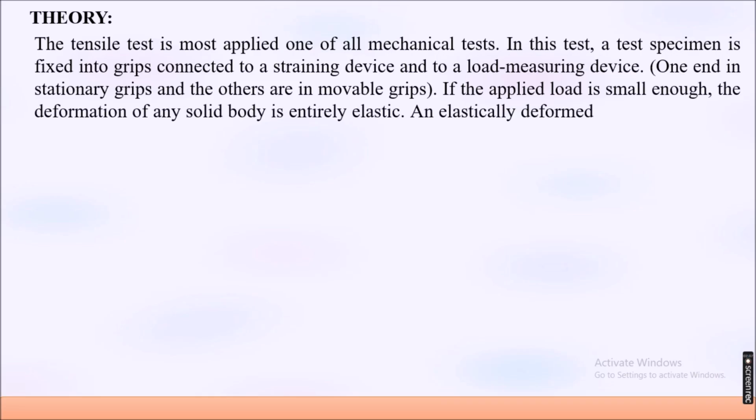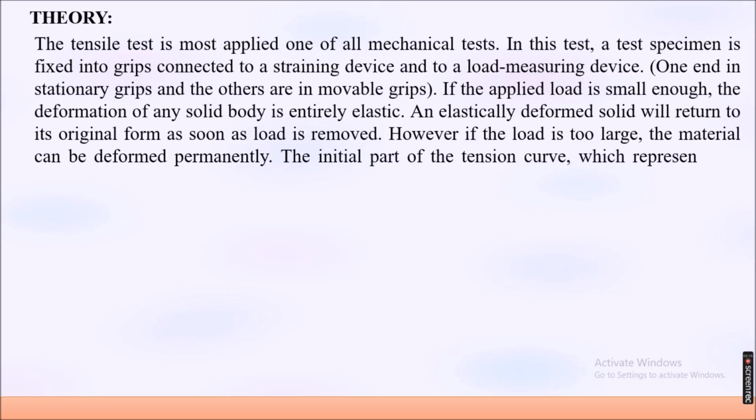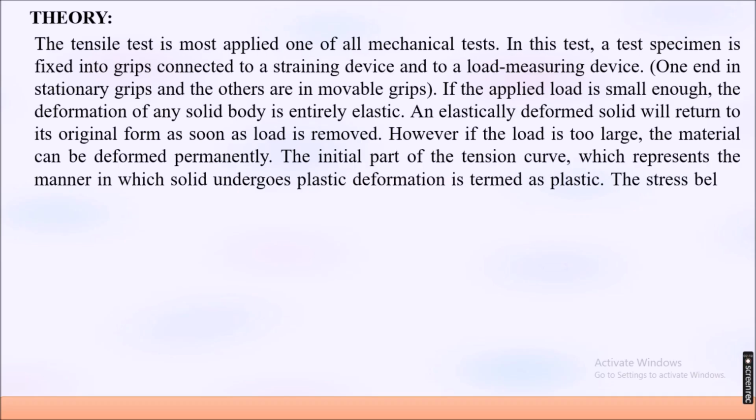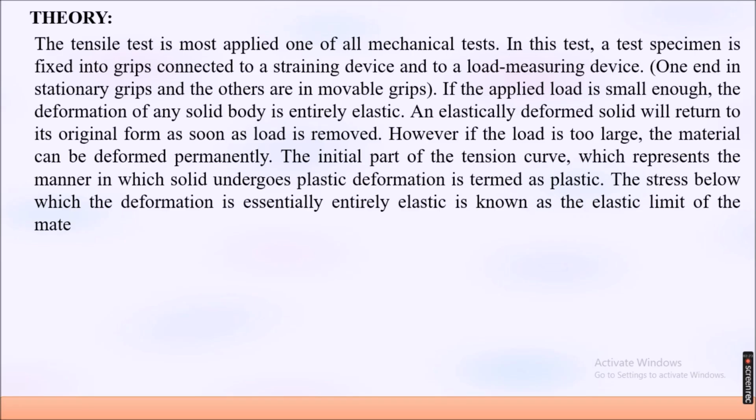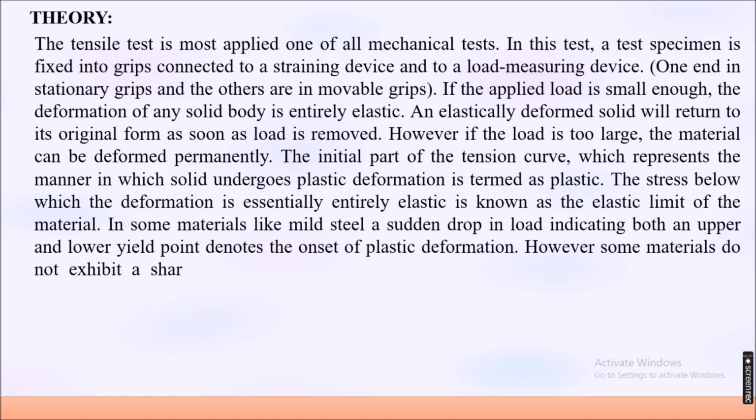If the applied load is small enough, the deformation of any solid body is entirely elastic. An elastically deformed solid will return to its original form as soon as the load is removed. However, if the load is too large, the material can be deformed permanently. The initial part of the tension curve, which represents the manner in which a solid undergoes plastic deformation, is termed plastic.